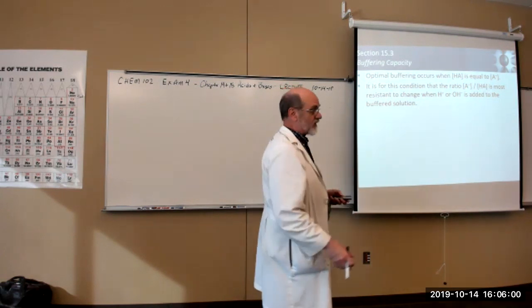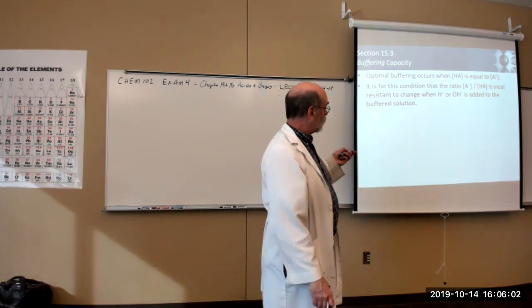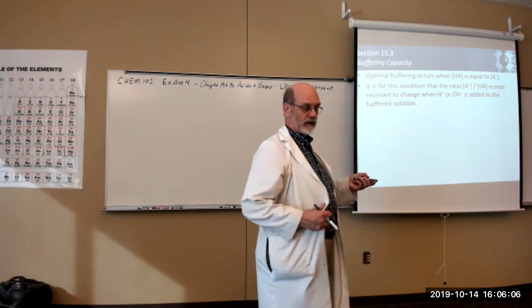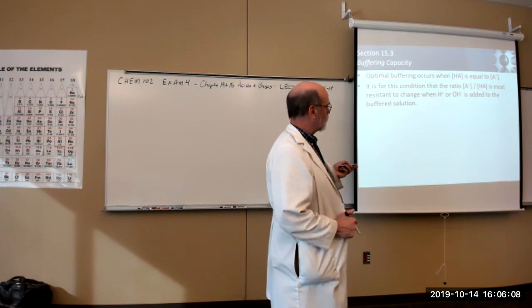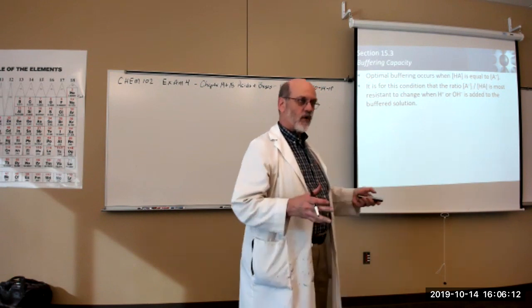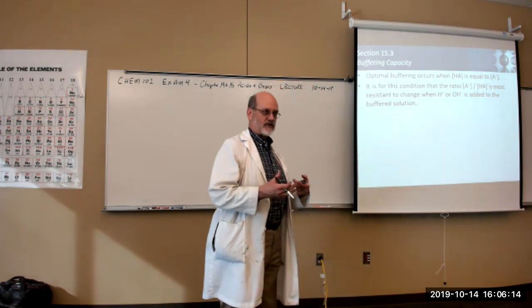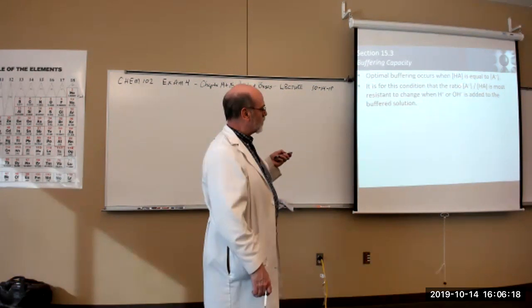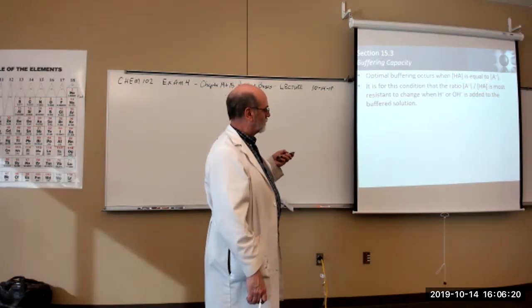If you know that acids are going to be added, then you want to favor this one, right? You want to have more of that one. If you know the bases are going to be added, you want to have more of that one. But if you don't know, then the optimum pH for any buffering system is where this ratio is 1 to 1.